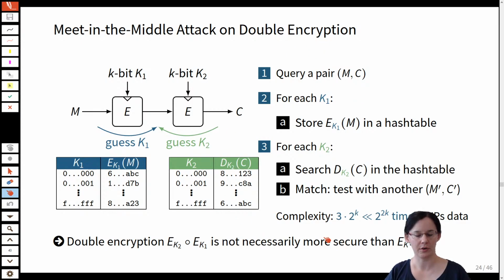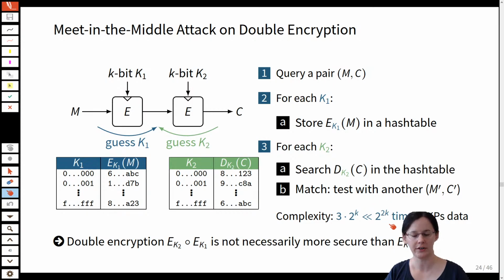So what is the total complexity? I build these two tables and then I evaluate my 2 to the k candidates that I get. So in total, it's approximately a small multiple of 2 to the k tries, which is actually not a lot more than just breaking one of the block ciphers.